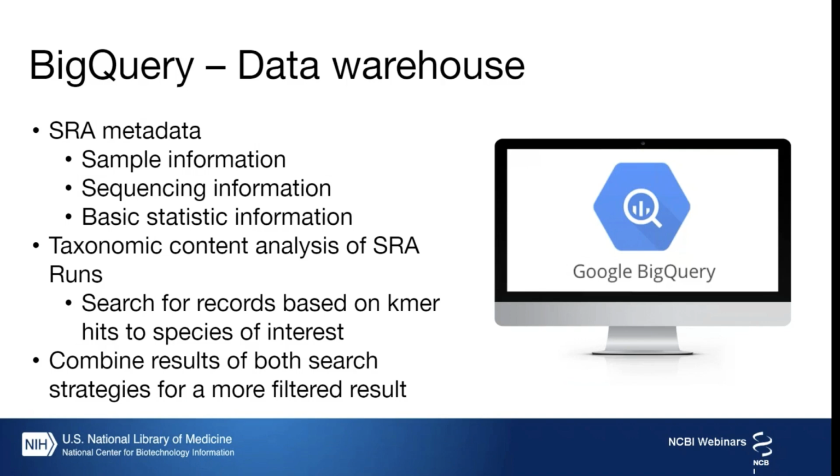This analysis is done using a K-mer approach, and we predict species that are within a particular run based on these unique K-mers. And you can take the results of both of these data sets, combine them in a query, and this will help you have a more filtered result depending on your use case.